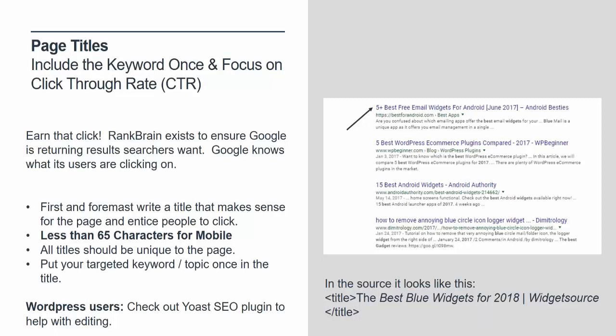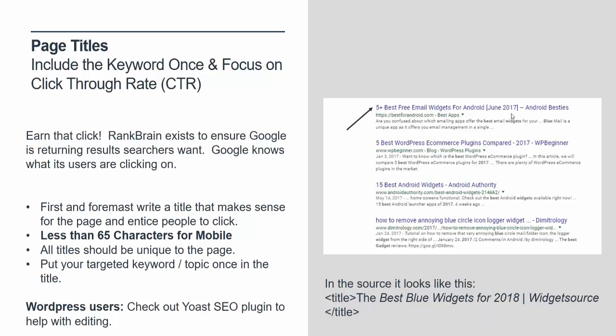So the blue clickable title that's on Google, I'm going to say 90% of the time, because Google will switch these out, but 90% of the time it's your page meta title in your source code. So if you were to go and view the source of your page and Control F as if you were going to find and look for title, this HTML tag for title, you should see what your title tag is.